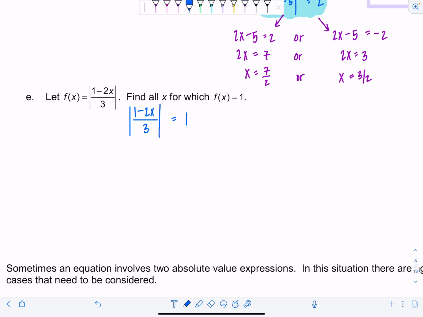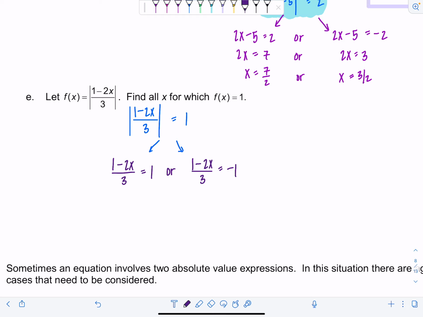All right, well, the absolute value quantity is isolated. So let's go ahead, drop it, and write our two new equations. We either have 1 minus 2x over 3 equals positive 1, or 1 minus 2x over 3 equals negative 1.